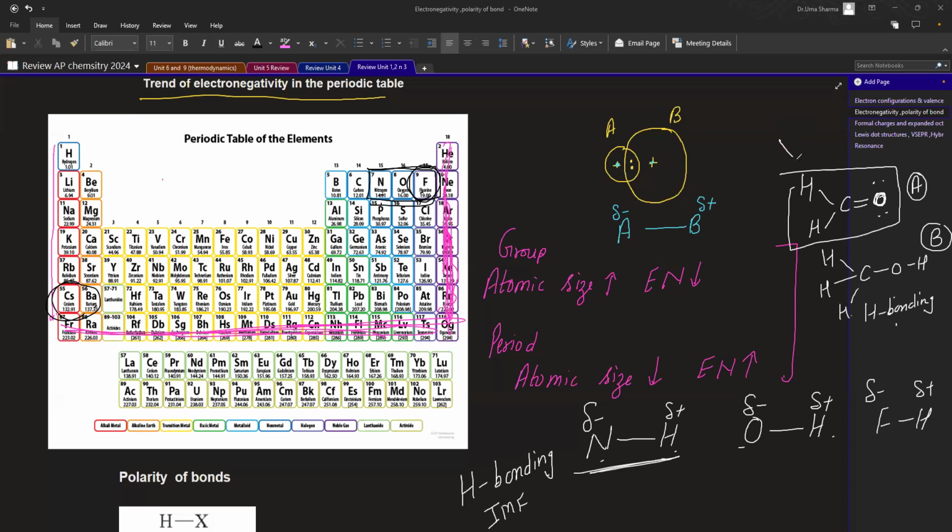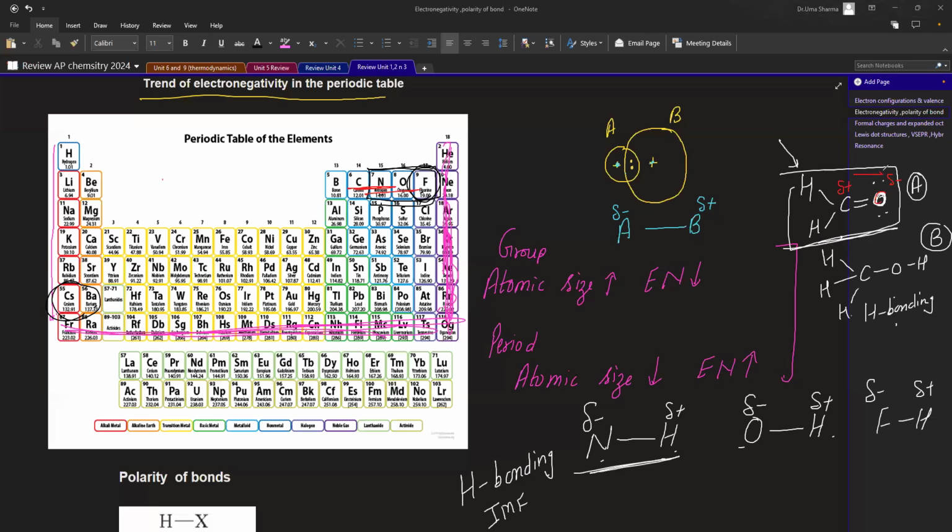And this one, is it polar or non-polar? What do you think? Is this molecule polar or non-polar? It is polar. The reason is that it is not symmetrical. You can see this is delta plus. Oxygen is more electronegative than carbon. You can see this is delta minus.